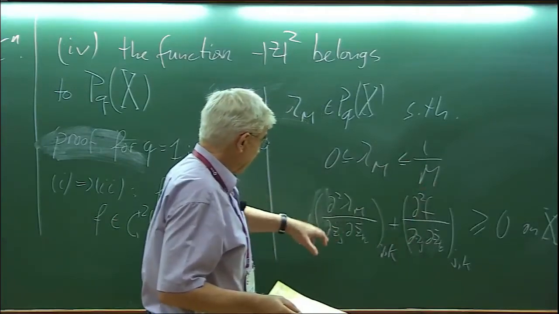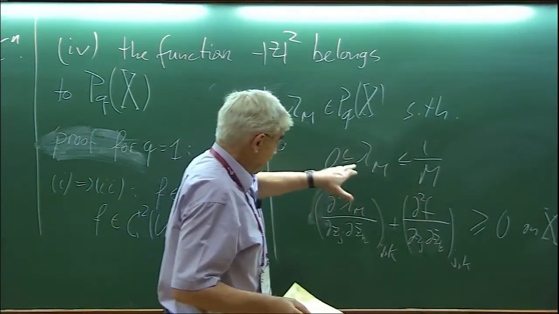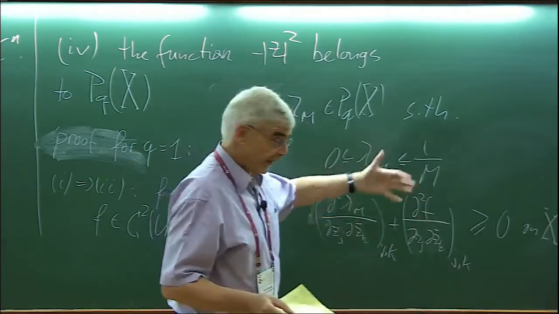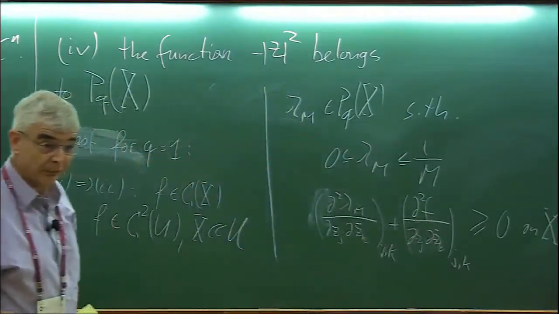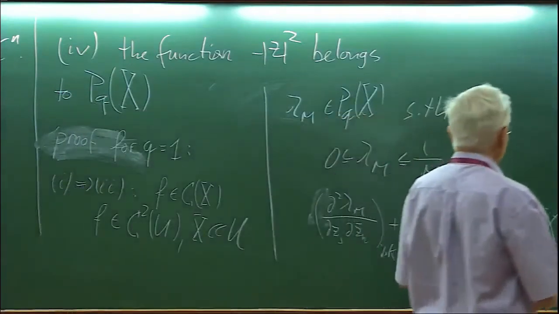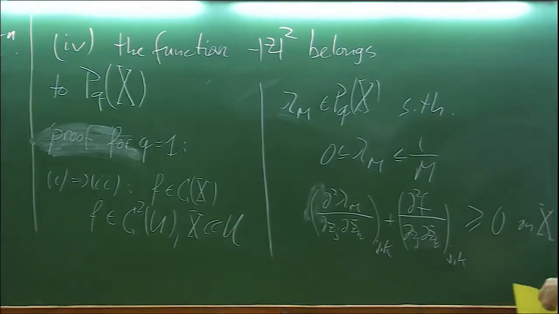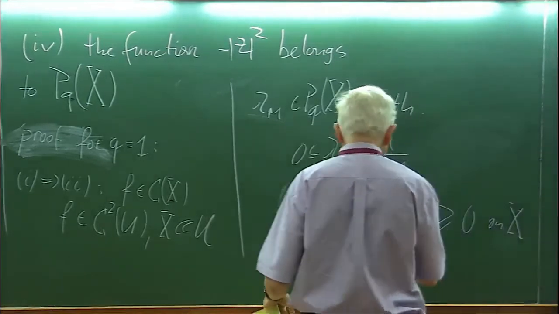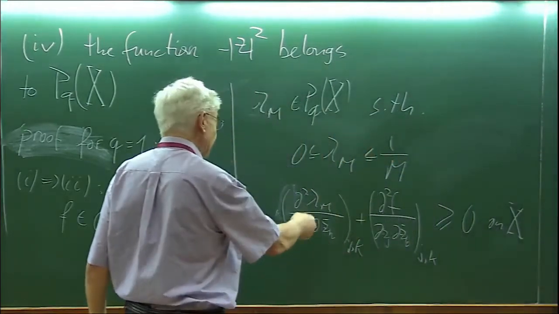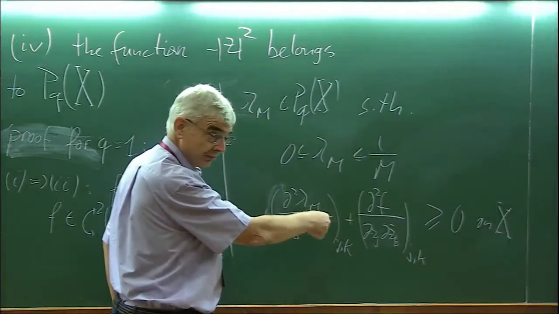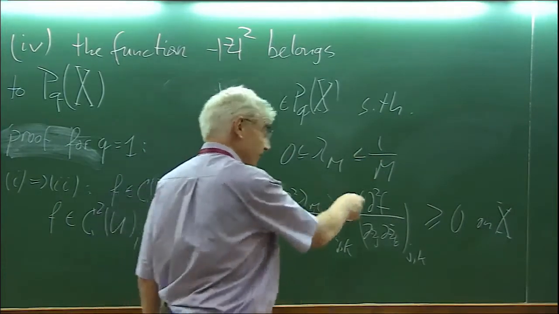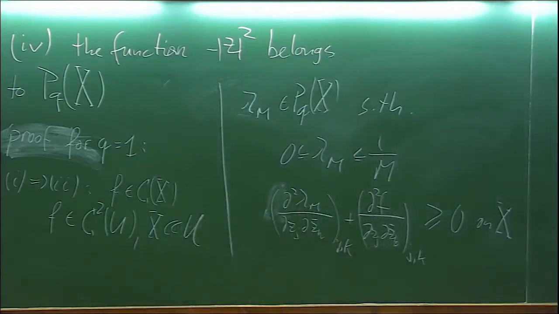And so I choose my lambda m so that the Hessian is as big as it needs to be to make this positive, right? Yeah, but now we're done. Let's look at f plus lambda m. Oh, I had Q equals 1. That's why I had the Hessian. I'm sorry. So actually here, where I had Laplacian, you can just take the Hessians. Sorry. It's not that early in the morning. No excuse. Anyway, but now take f plus lambda m.